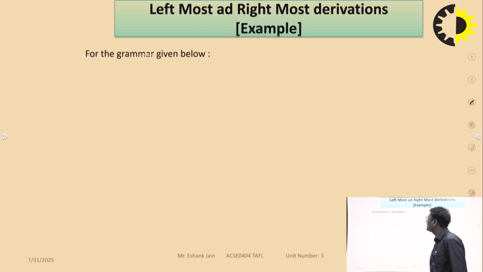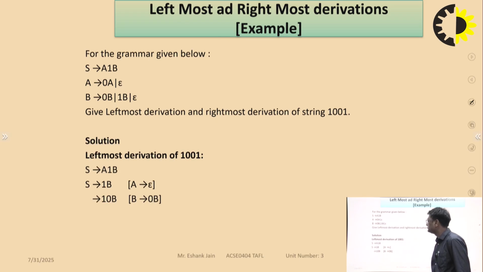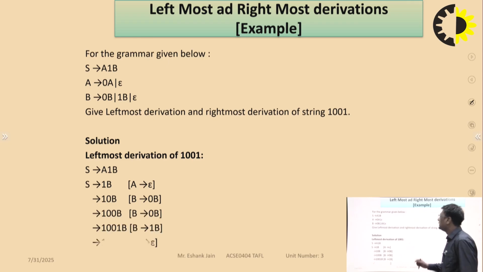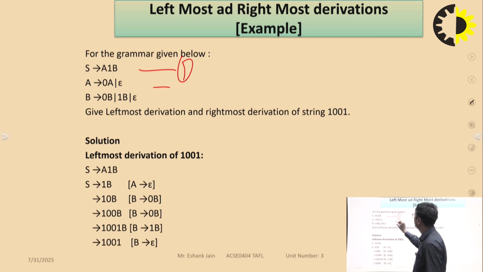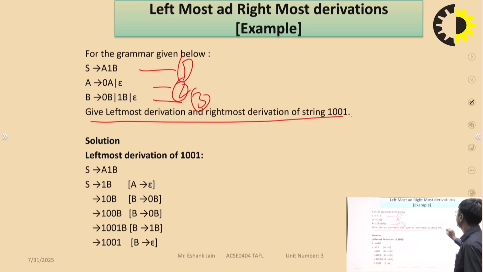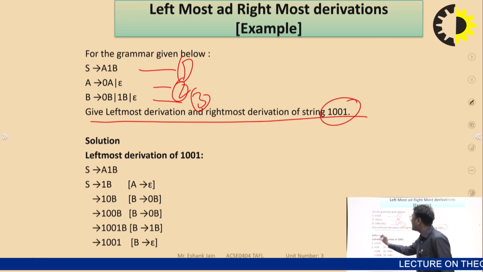This is an example of leftmost derivation and rightmost derivation. We have the grammar given with three productions. Give the leftmost derivation and rightmost derivation of the string. So we start from the start symbol, S tends to A1B.